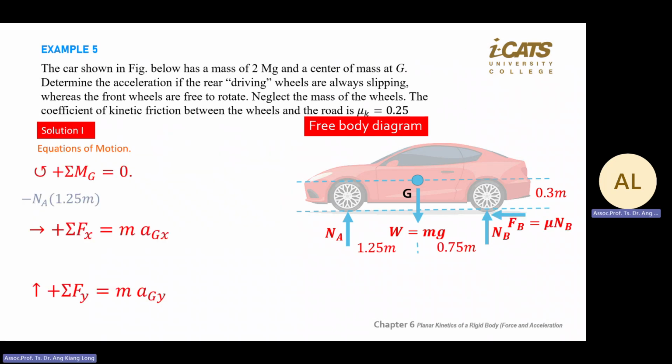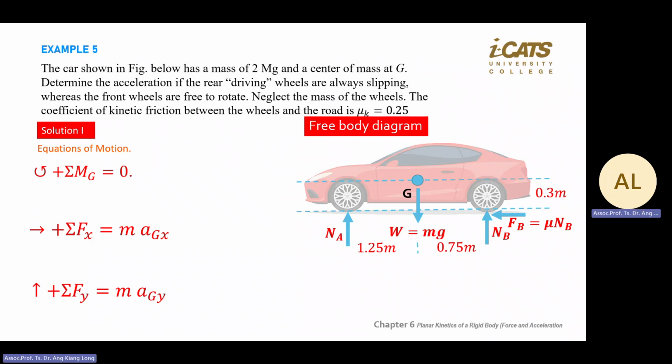Okay, first, these are the three equations that you will commonly see if you solve rigid body. First one is the sum of moments at the center of mass equal to 0. And then F equal to ma in the X direction, F equal to ma in the Y direction, all focused on the center of mass.